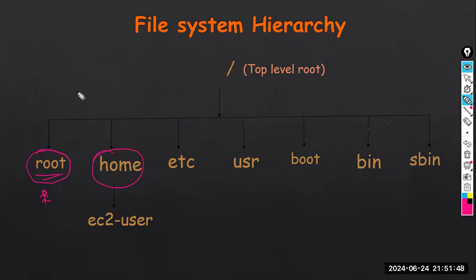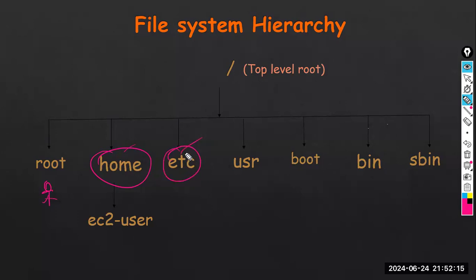It's like the owner of the building is in the root directory, and the tenants are under the home directory. Owner is under root, tenants are under home. All these are directories. Inside this directory, the root user is there. Inside this directory, the normal users will be there.